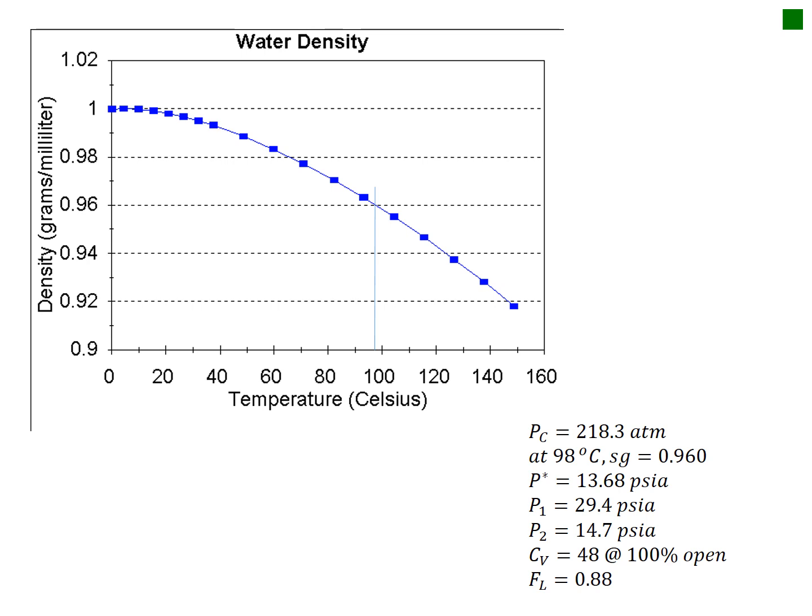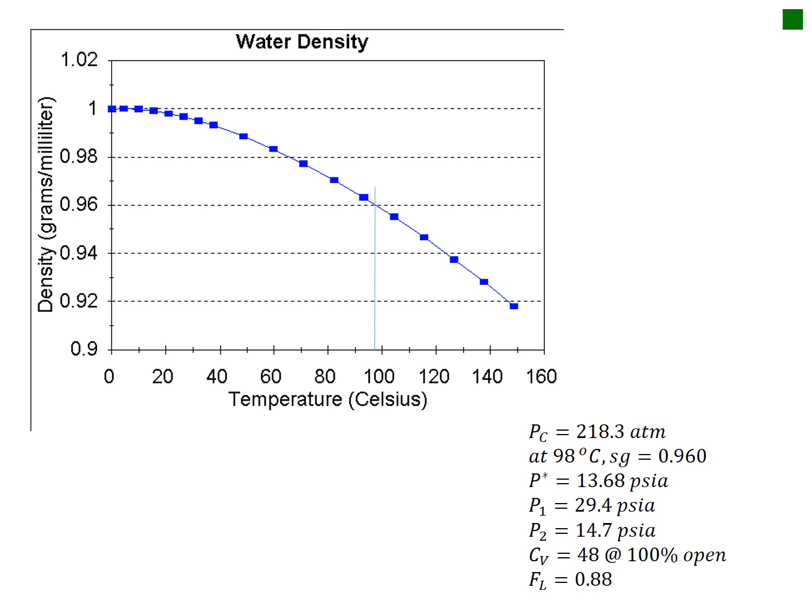We can look up our critical pressure in tables. In this case, for liquid water, it has a critical pressure of 218.3 atmospheres. Again, at 98 degrees C, the specific gravity is 0.96. And the vapor pressure at 98 degrees C is 13.68 psi.